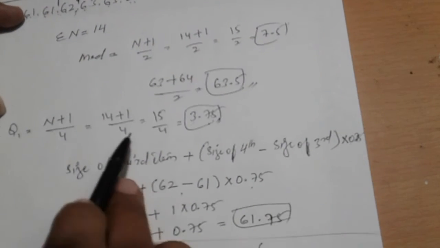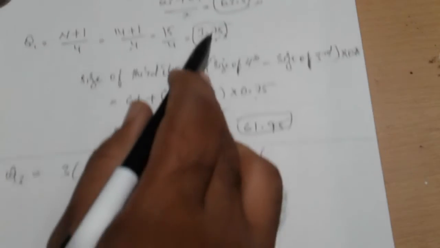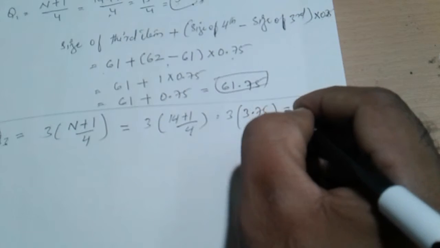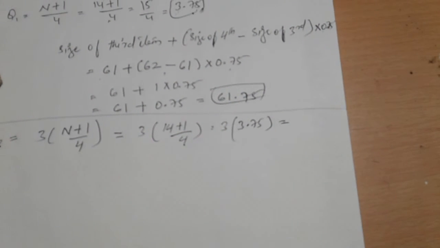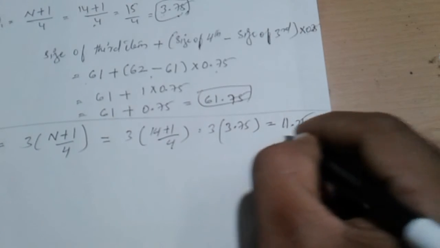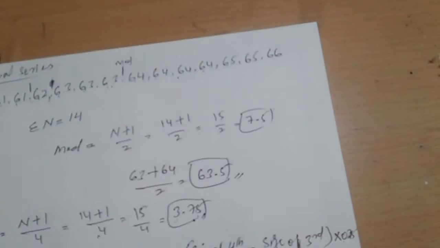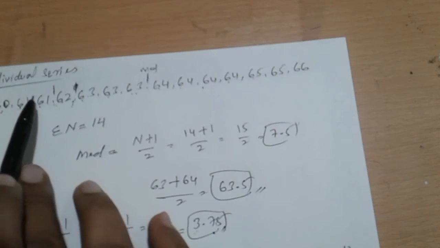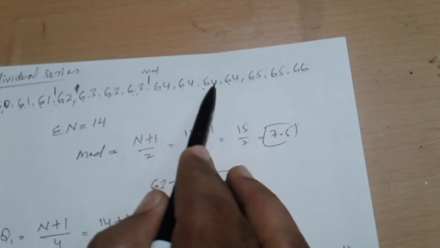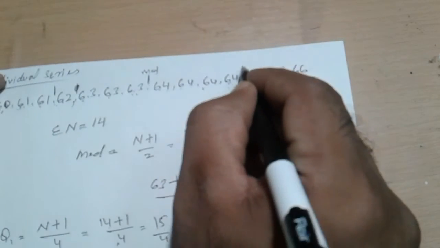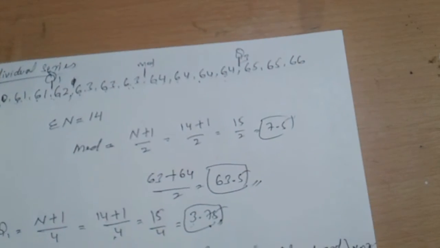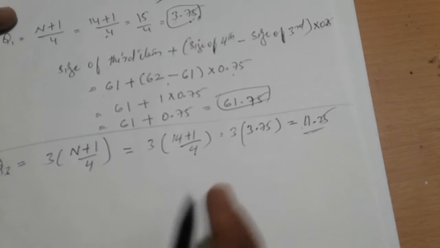We already saw that 14 plus 1 divided by 4 is 3.75, so multiplying by 3 we get 11.25. So it is the size of the 11th and 12th items. Counting 1, 2, 3, 4, 5, 6, 7, 8, 9, 10, 11 and this is 12. So Q3 is coming here, between 64 and 65, and we cannot take it directly.